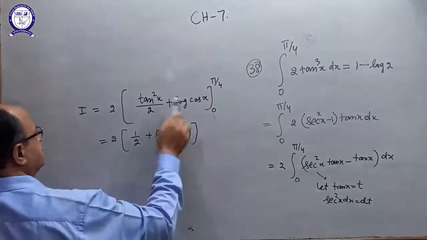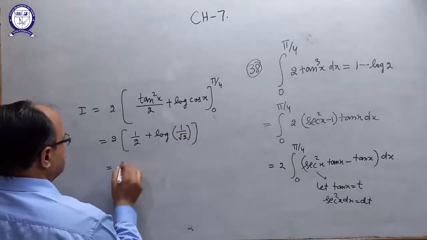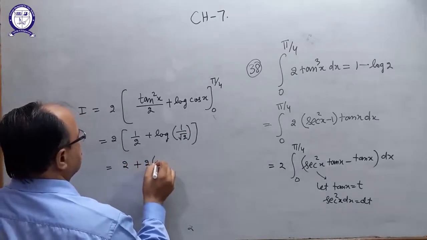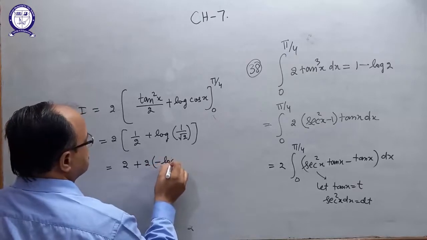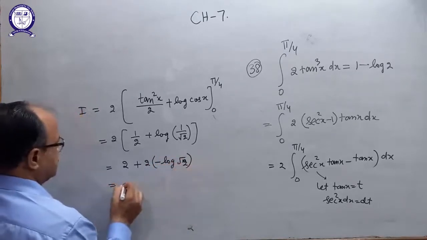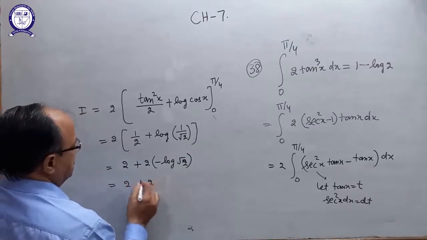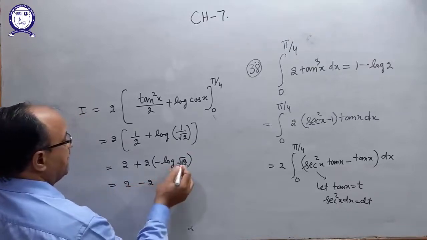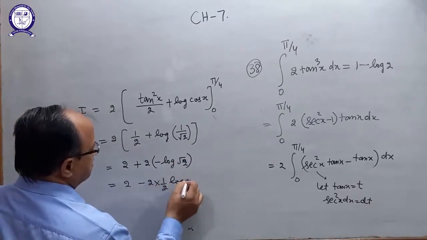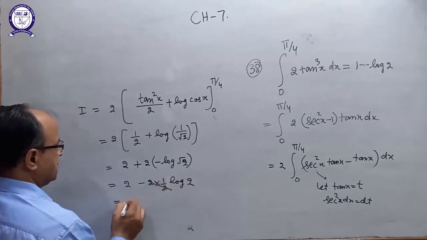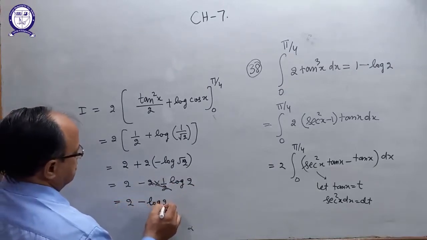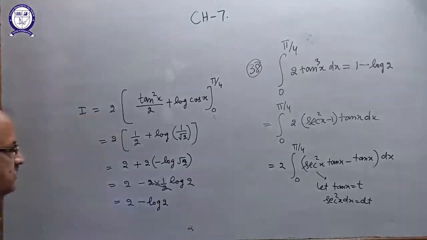When you put 0, it is 0. Then the 1 by 2 log 2 will cancel with the 2 multiplied, giving 1 minus log 2.